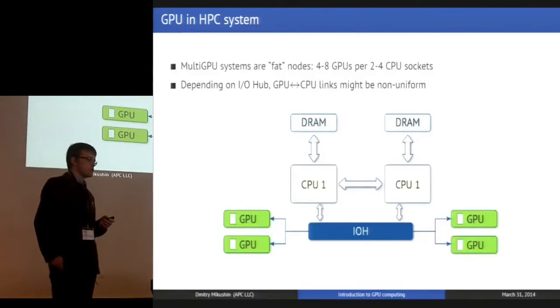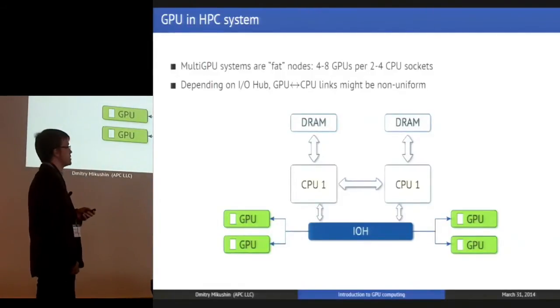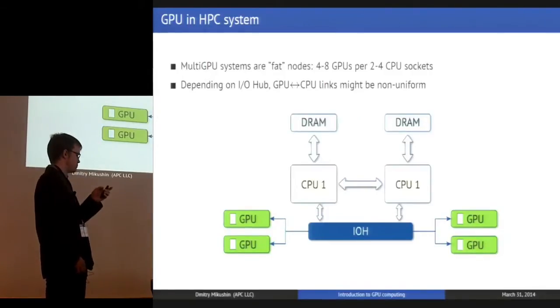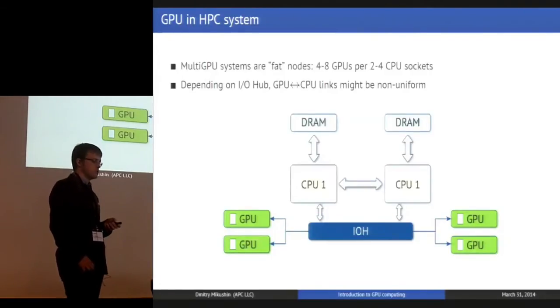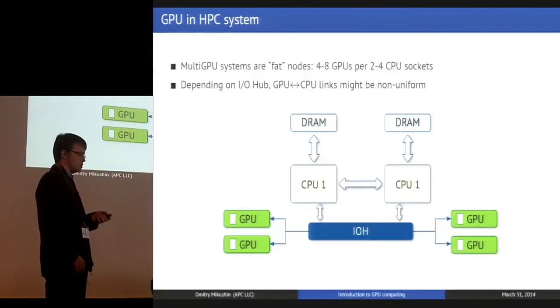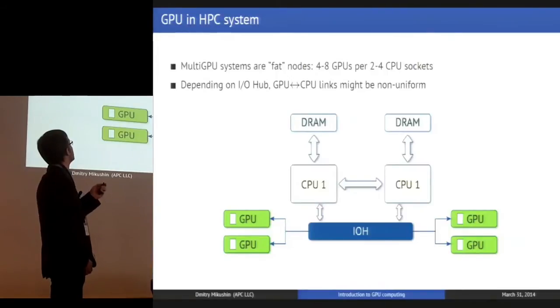A more schematic look at the same compute node will reveal that there are multiple CPU sockets combined with multiple GPUs. This is one of the possible setups. So here you see a so-called fat node with 4 GPUs and 2 CPU sockets.